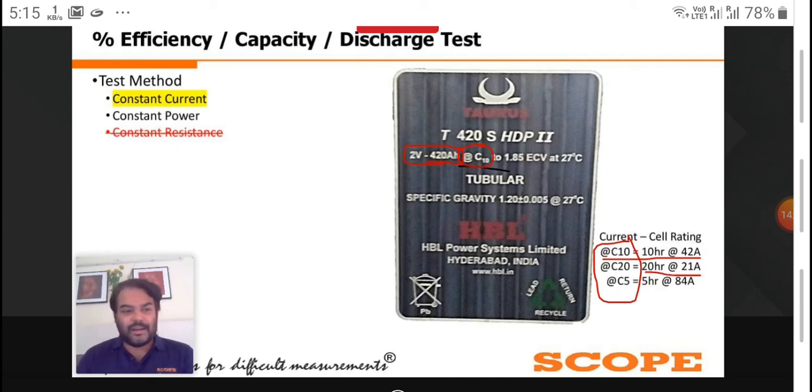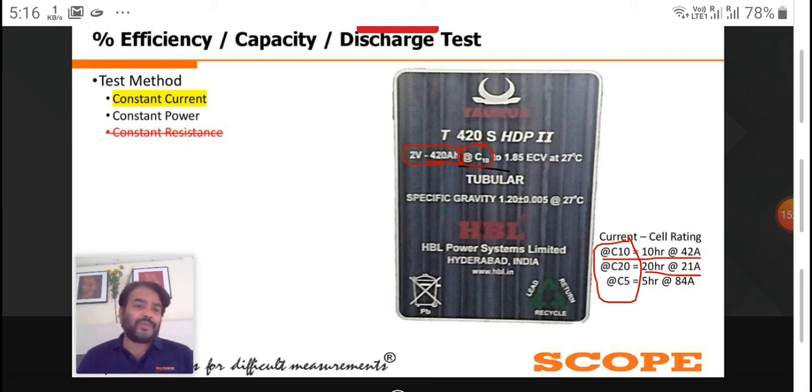Sir, that is the cheapest. Yes, that is the most economical and most easily available means. But you must not say it is the best, because IEEE talks about the battery discharge test being done with a constant current or constant power.